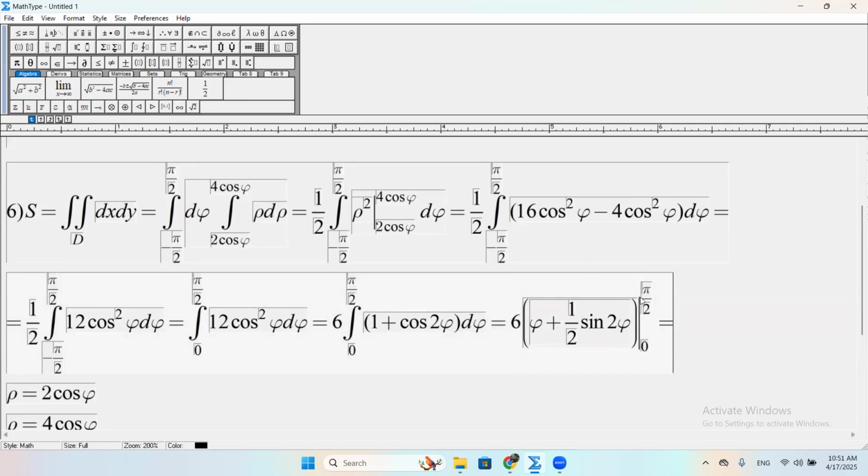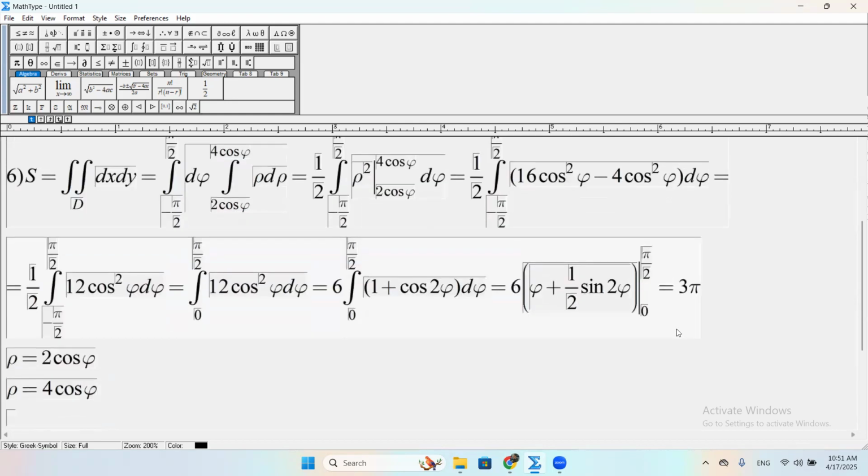If I substitute pi over 2, this part will always be equal to 0, sine of pi, sine of 0, so we have 3 pi. So this is the final answer, the area of the region. Any questions about this exercise?